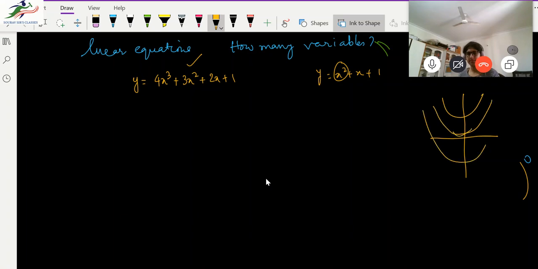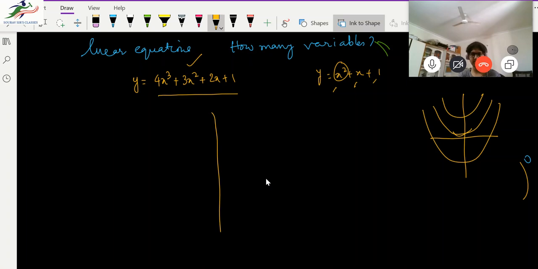Whether it will have roots or not will depend on the coefficients of x square, x, and the constant term.